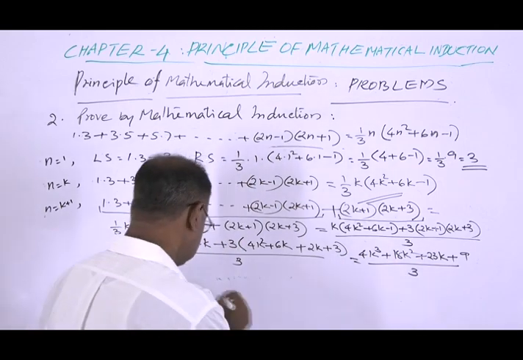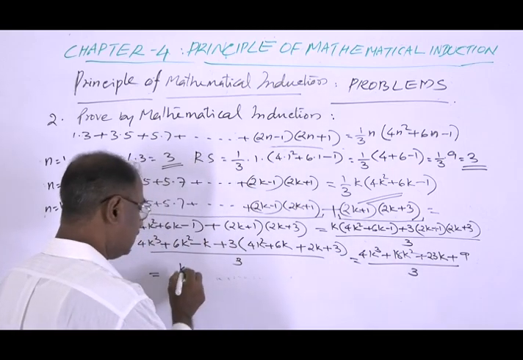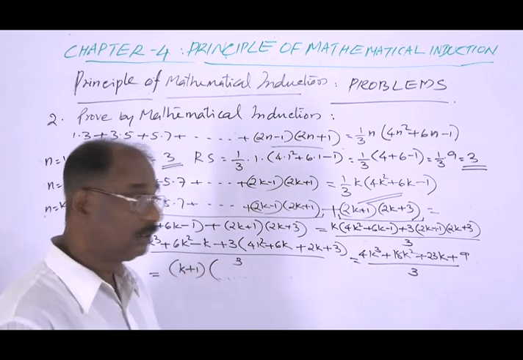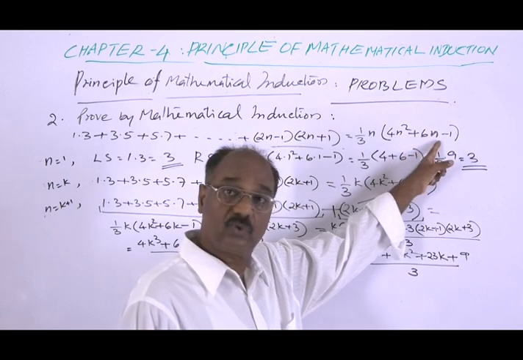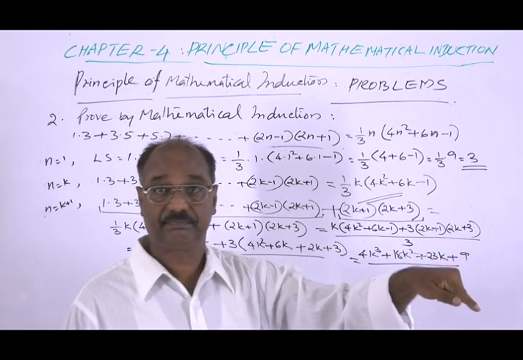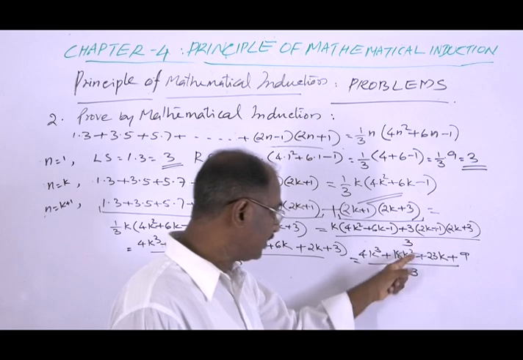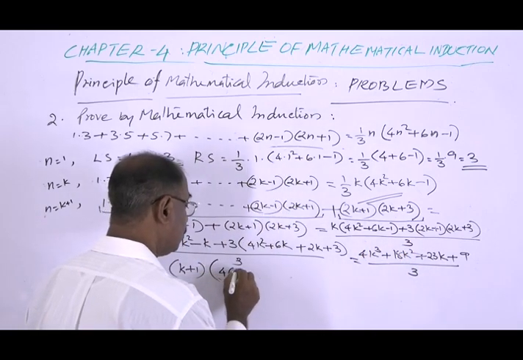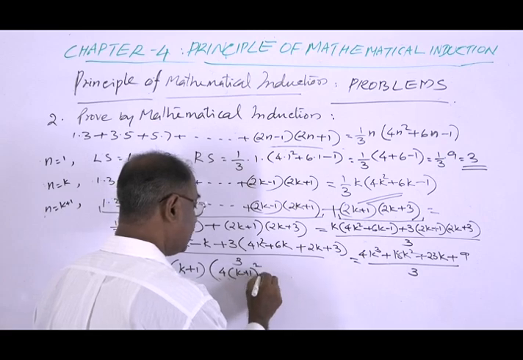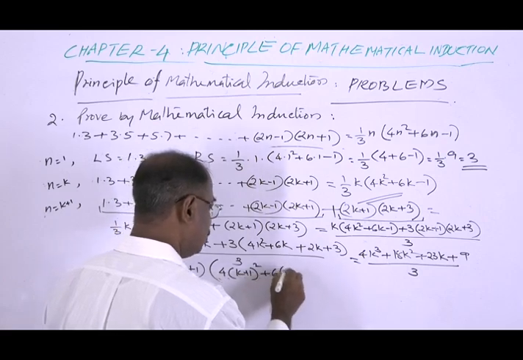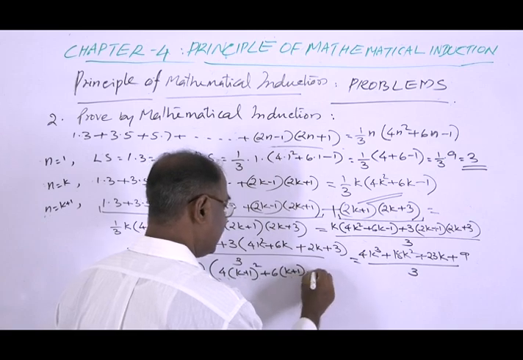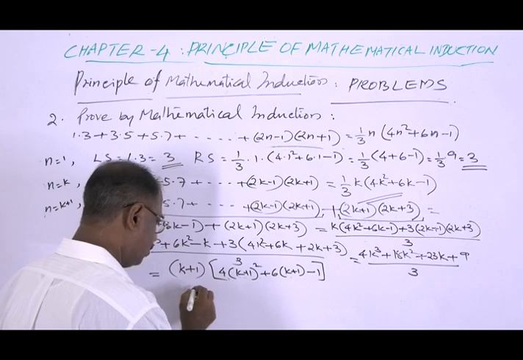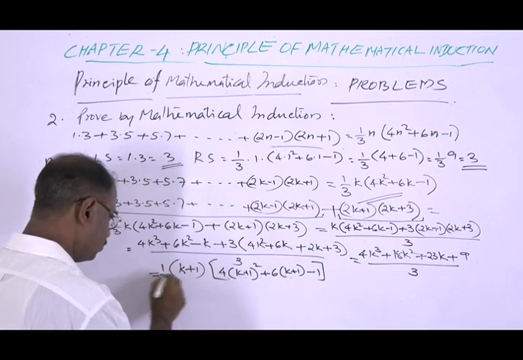So separating this, we see that this is k plus 1 into the remaining part, in that form, of course. Think in that way. Therefore, this remaining part can be written in the form 4 into (k plus 1) whole squared plus 6 into (k plus 1) minus 1. So remaining will be in this form, all divided by 3, which is 1 by 3.